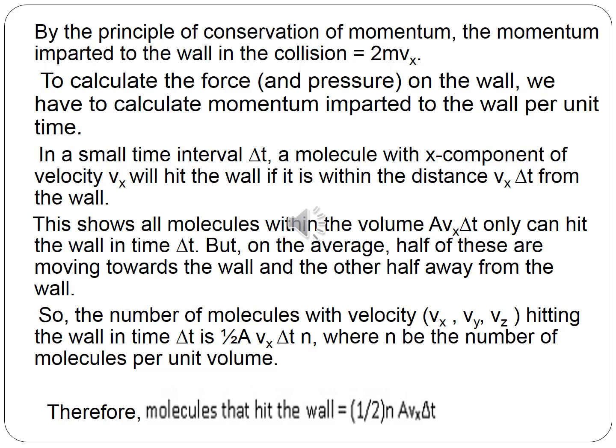It will be equal to half of the total number of molecules in the given volume V. It will be equal to 1 by 2 into A into Vx into delta t into n, where n is the number of molecules per unit volume, the number density of the gas molecules.